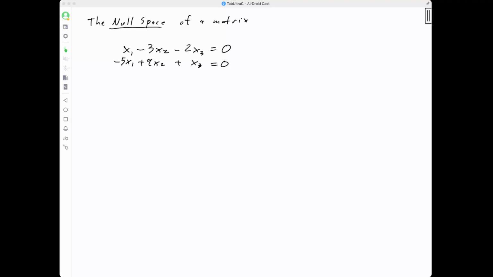Now we have two homogeneous linear equations. We can write this as A times the matrix X is equal to the 0 matrix, where A is equal to the matrix with rows 1, negative 3, negative 2 and negative 5, 9, 1.